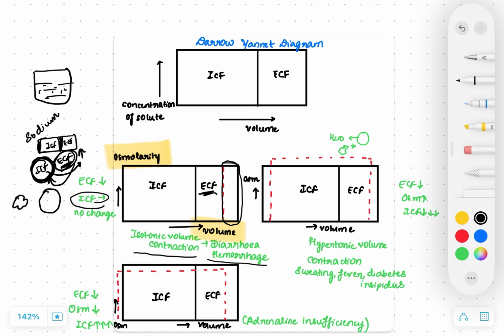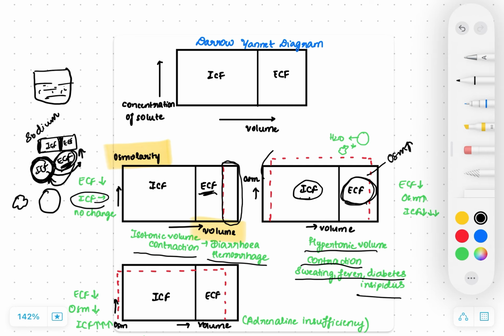Coming to the second graph, here there is hypertonic volume contraction. If there is sweating, fever or diabetes insipidus, there will be a loss of more fluid, which leads to an increase in the concentration in the extracellular compartment. So the osmolarity of the extracellular compartment is more compared to the intracellular compartment.